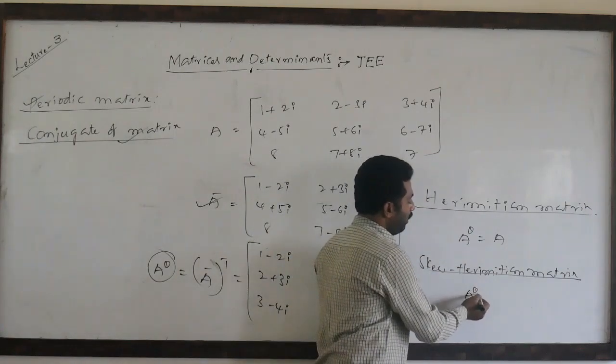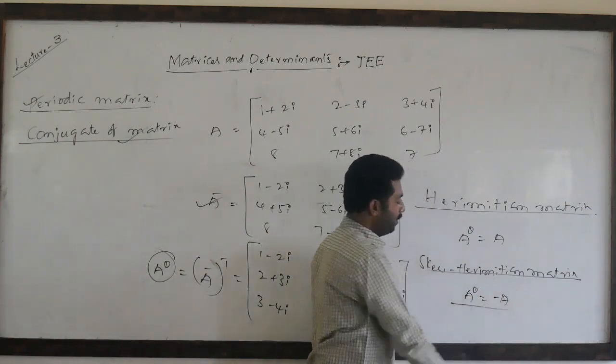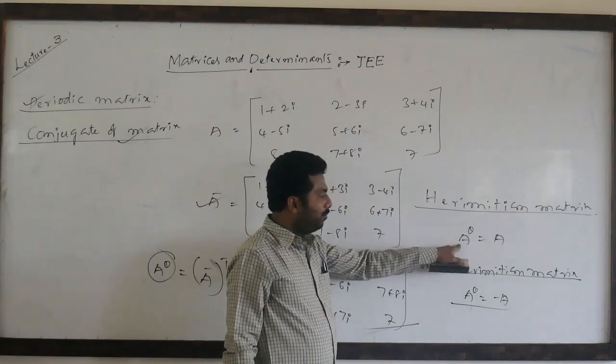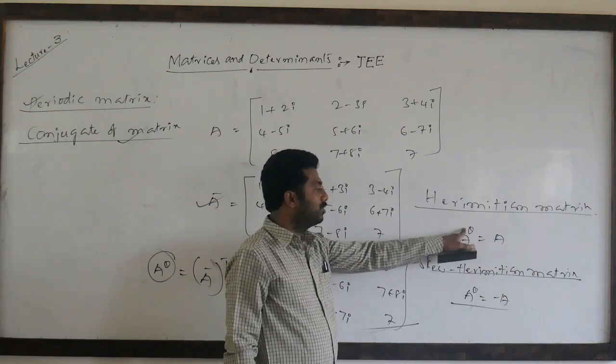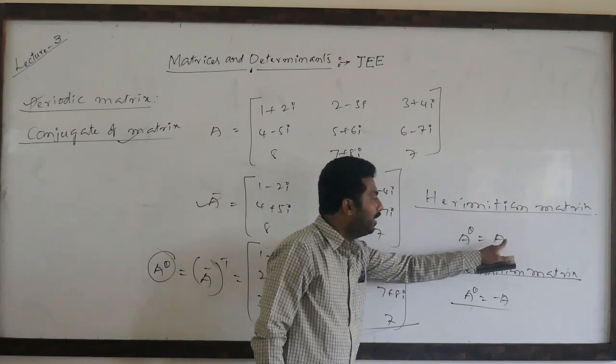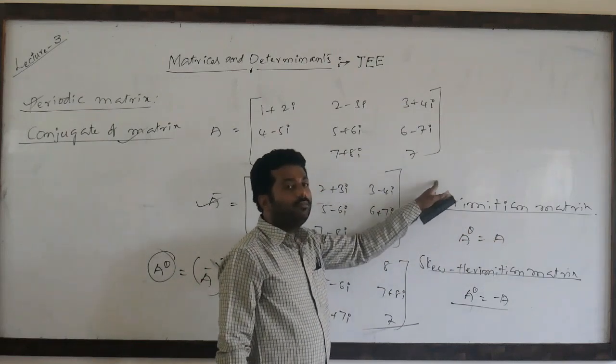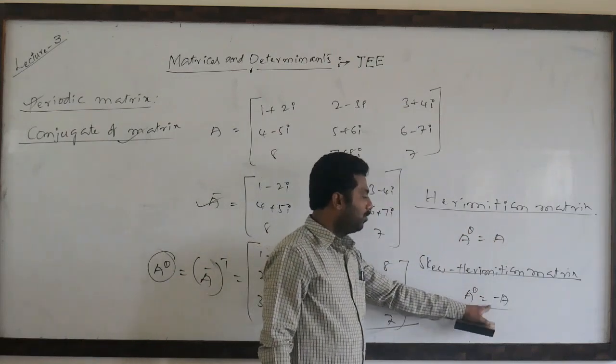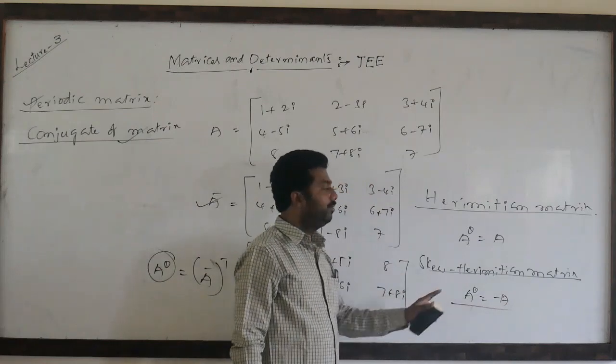A power theta equals minus A. Very clear. What is A power theta? The transpose of the conjugate of a square matrix. Again, if you get minus A, that is a skew Hermitian matrix. A power theta equals minus A, that is skew Hermitian.